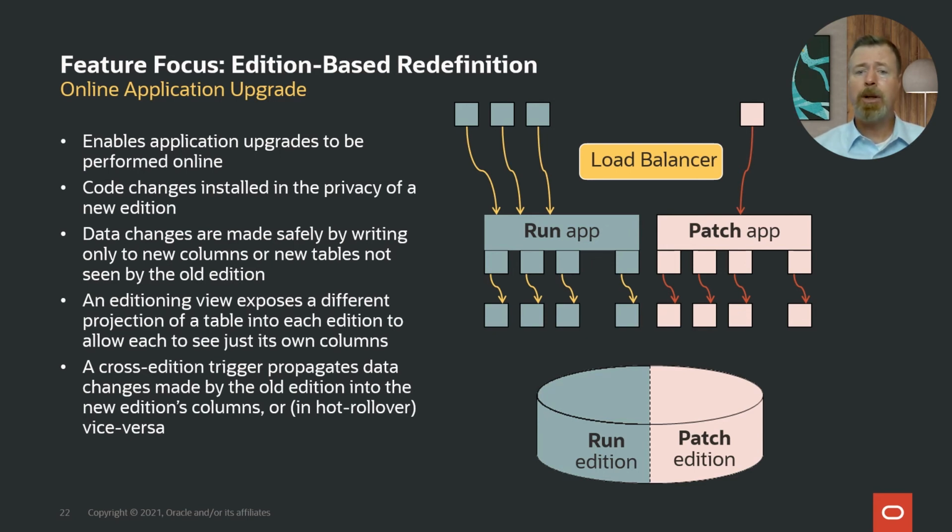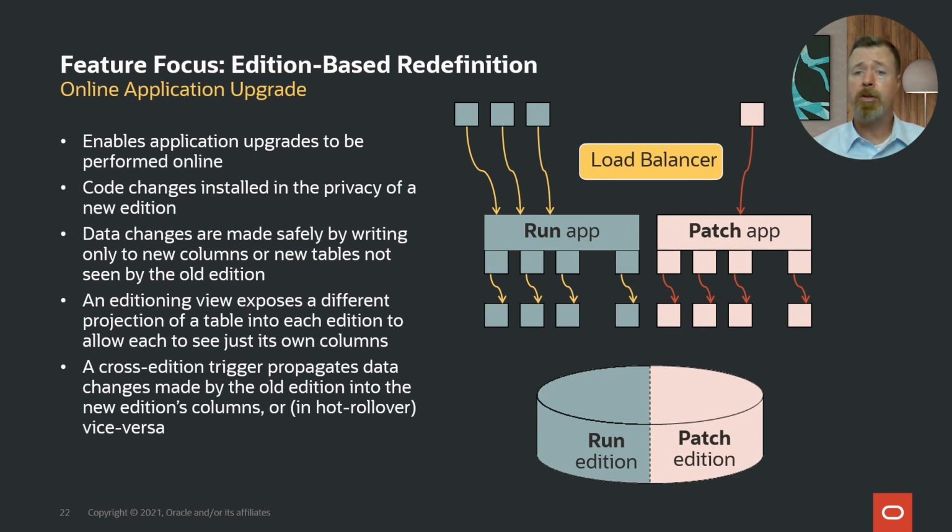Both applications, instead of going against the physical tables, go against editioning views, which might be different between those two editions, exposing and projecting different columns to the application against the same physical table. And we have a whole bunch of papers and presentations that walk you through all the ways this works. Cross-edition triggers propagate data between the two and allow you to have workload running against both your current version of your application and your patch version.